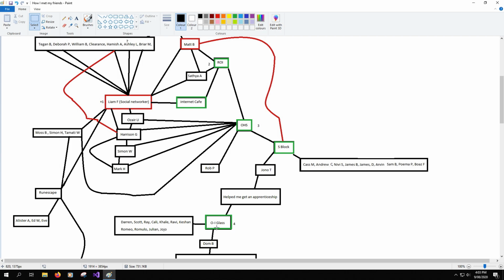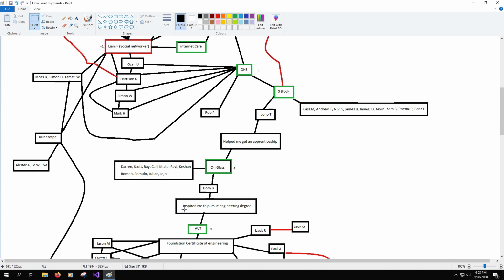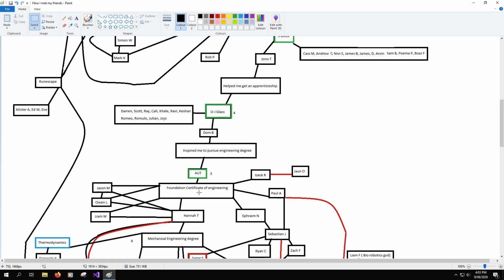So through OI Glass, I met Dom B. He was the major inspiration for me to pursue an engineering degree. So from here, I went to AUT. I studied a foundation certificate for engineering. From there, I met Jason M, Owen L, Liam W. They're all interconnected.